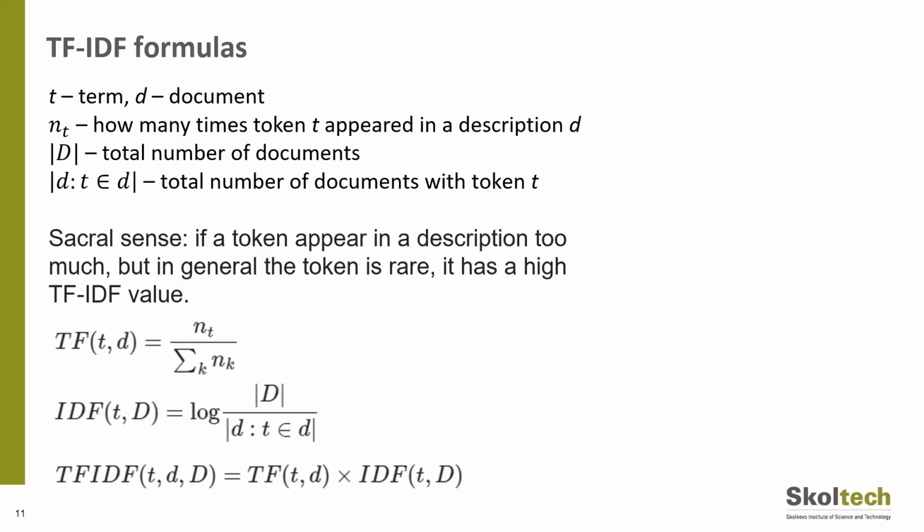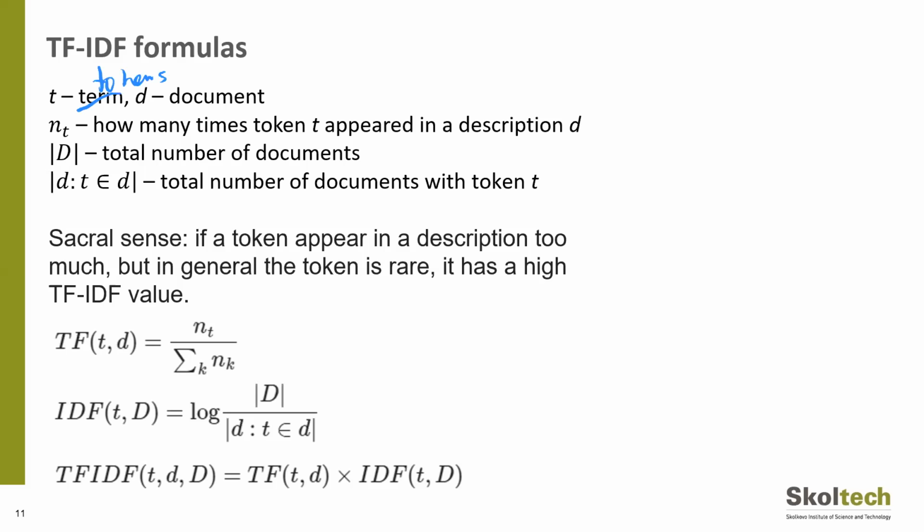Let's imagine we have a set of documents, and a token in a document, and we can calculate how many times each token appeared in the description of a document. And we have the total number of documents and the number of documents that have the token t in them.